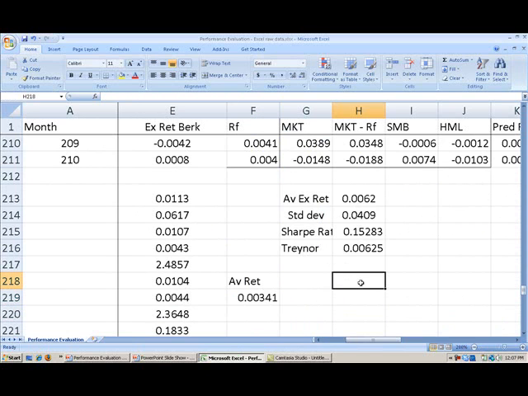We also need to calculate the average excess returns on the market, which we've done before, but we'll calculate it again so it's in the same place. And we'll call that the market risk premium. And hit enter.